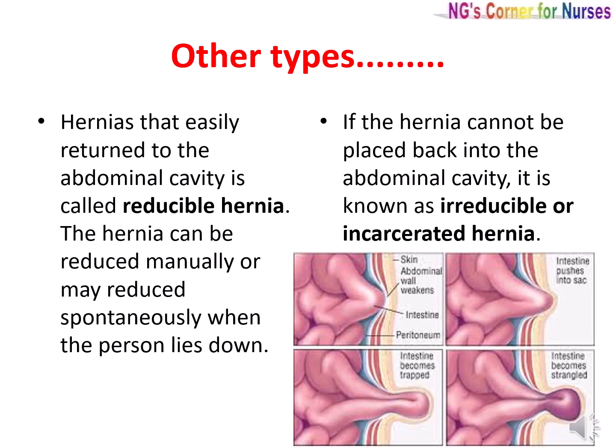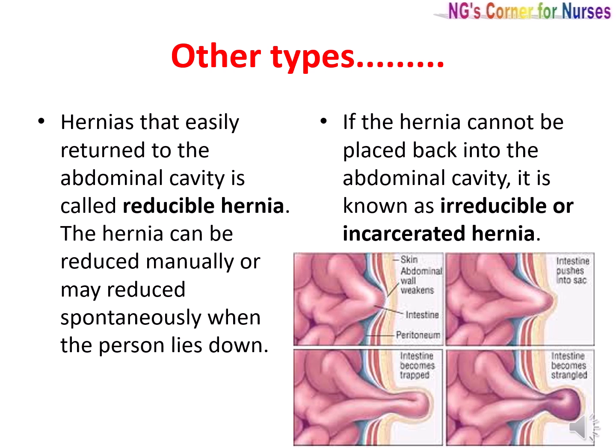Apart from the previously mentioned types, there are another two types of hernias, reducible hernia and irreducible hernia. Hernias that easily return to the abdominal cavity are called reducible hernias. The hernia can be reduced manually or may reduce spontaneously when the person lies down.